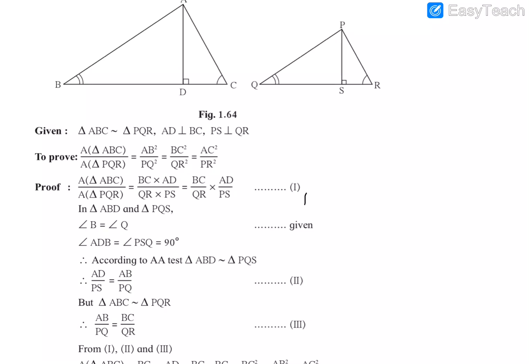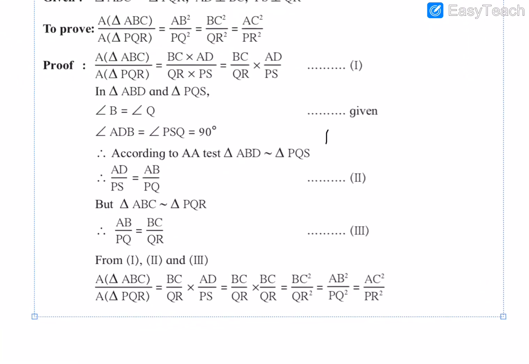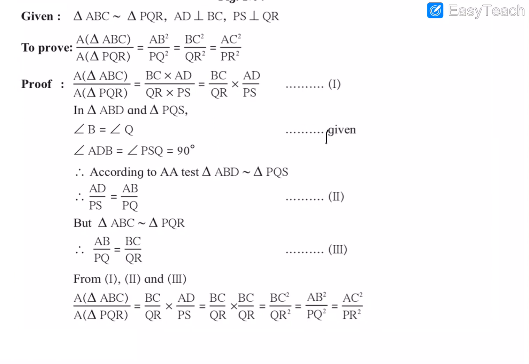Now we have the three conditions. The first condition is area of triangle ABC by area of triangle PQR equal to BC by QR into AD by PS. In the first equation, look at AD by PS. In the second condition, AD by PS is equal to AB by PQ, but in the third condition, AB by PQ is equal to BC by QR.